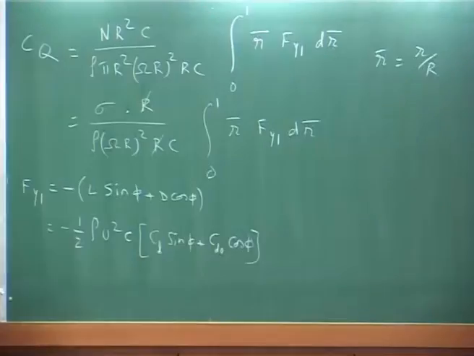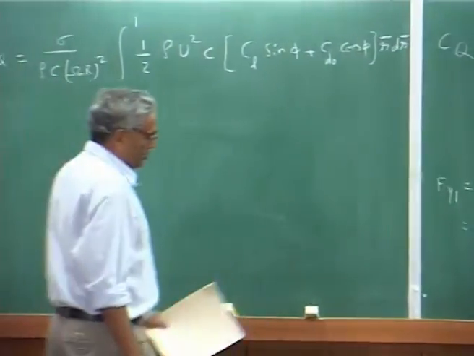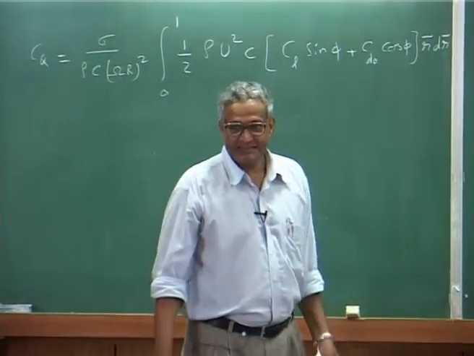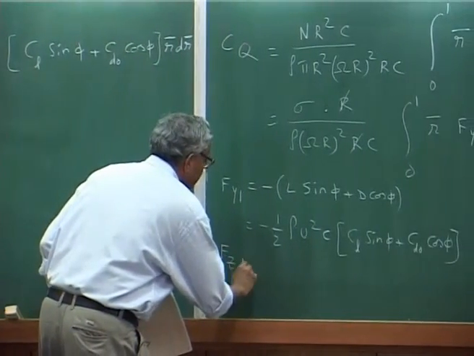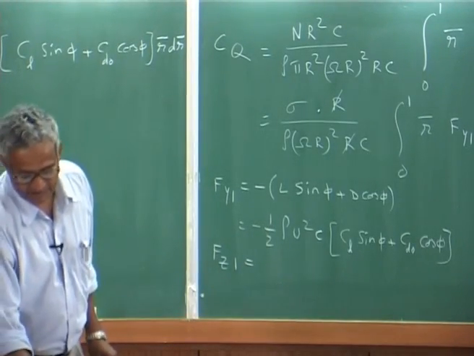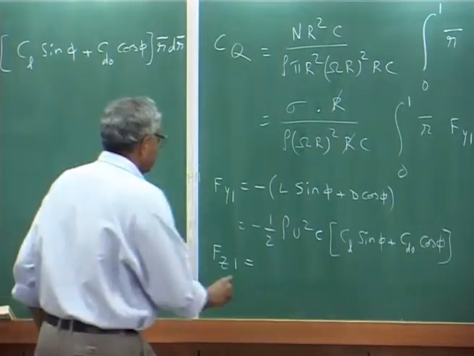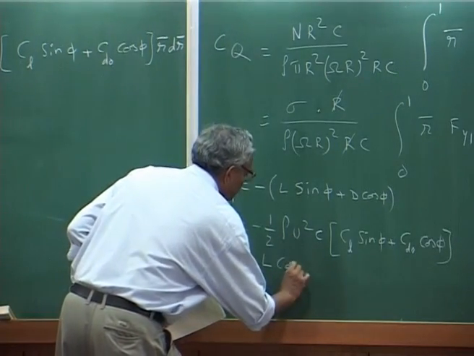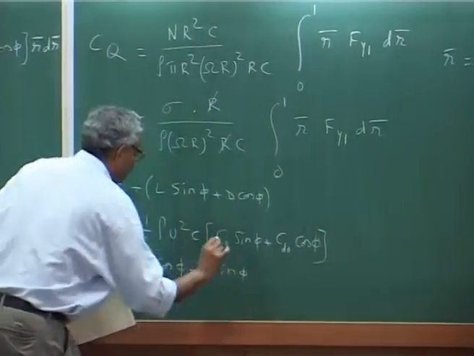Now, here is a small jugglery we will do. See, we know f y 1 is this. Similarly, we have f z 1 is essentially that L cosine phi minus d sin phi. Okay.